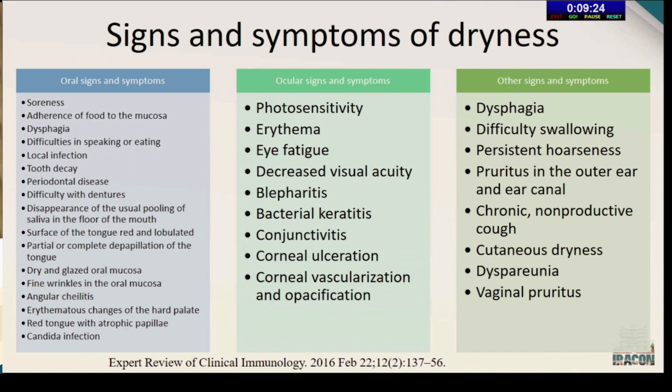It can present with varied manifestations including dysphagia, difficulty in swallowing, persistent hoarseness, pruritus in outer ear and inner ear canal, chronic non-productive cough, cutaneous dryness, dyspareunia, and vaginal pruritus. So patient might not complain of the classical sicca symptoms when they come to you. You need to ask them varied manifestations if they have any.